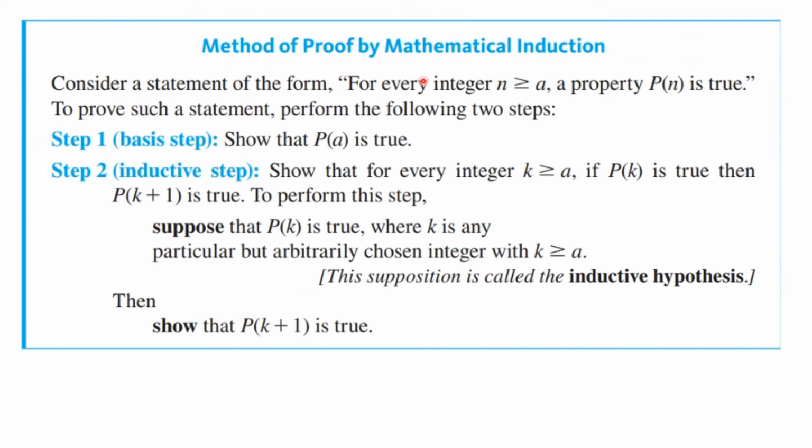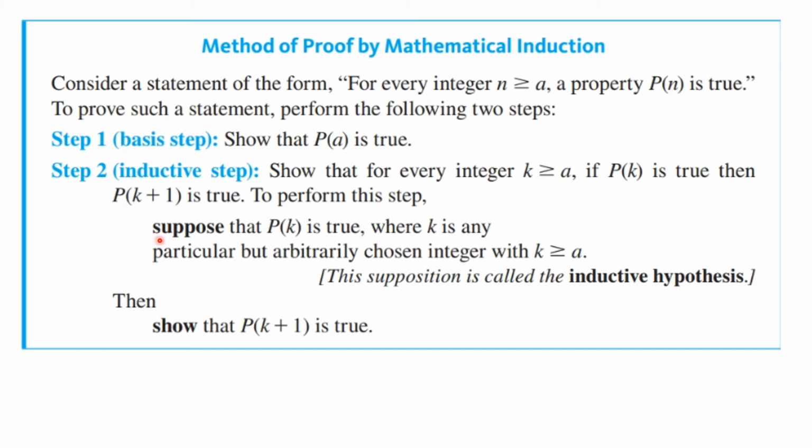And here's operationally how you go about doing a proof by induction. You consider a statement of the form: for every integer n greater than some starting point a, a property P of n is true. To prove such a statement, you do two steps. You show that P of a is true. This is called your basis step. Then you do the induction step. Show that for every integer k bigger than or equal to a, if P of k is true, so you see, this is the if part that we've studied, so this is a hypothesis, then the conclusion is P of k plus 1 is true.